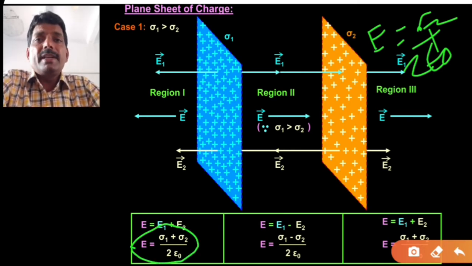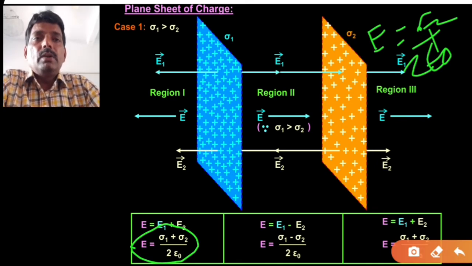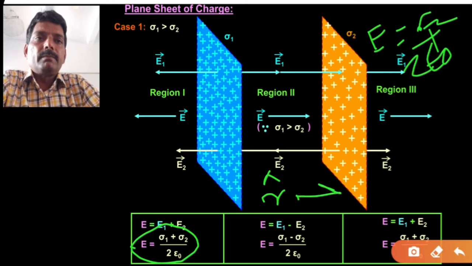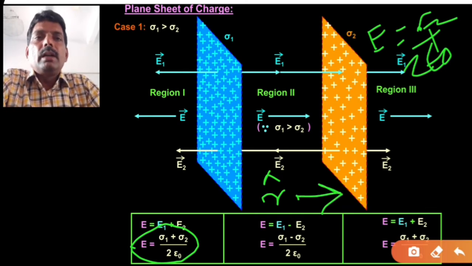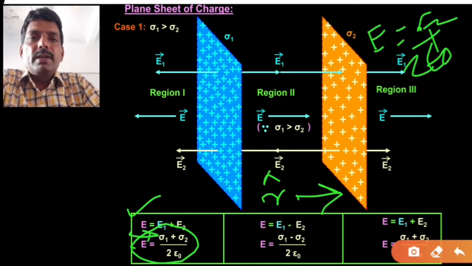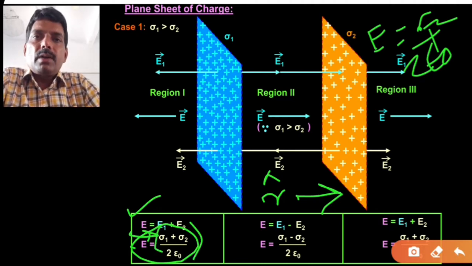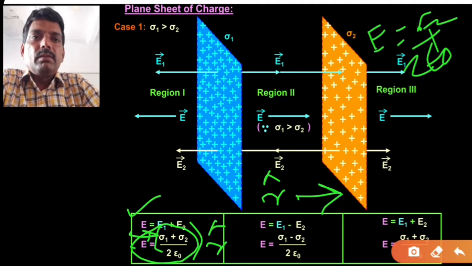Now if you want to express in terms of vector form, then you have to consider a unit vector r cap in this direction. Okay, now what will be this equation in terms of the vector form? So resultant vector E is equal to sigma 1 plus sigma 2 upon 2 epsilon naught, that is the magnitude, and direction is r cap. R cap is a unit vector.